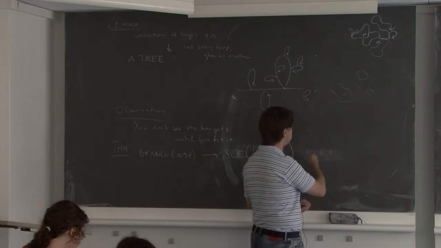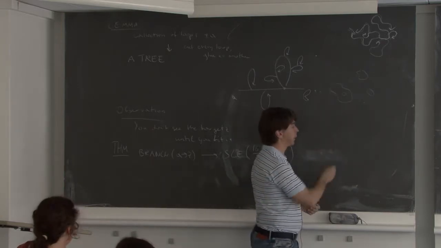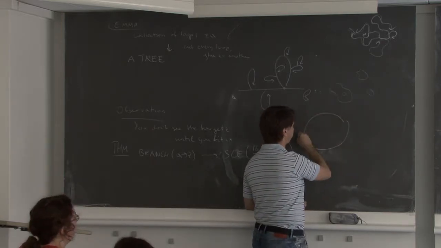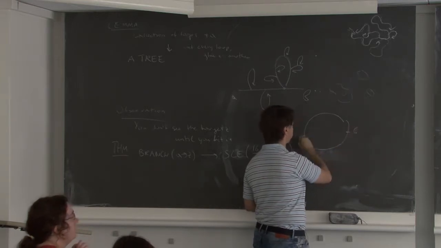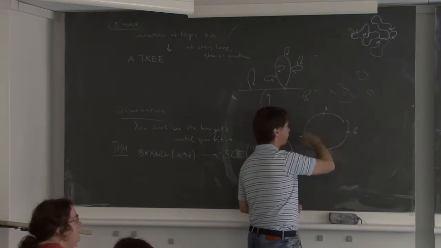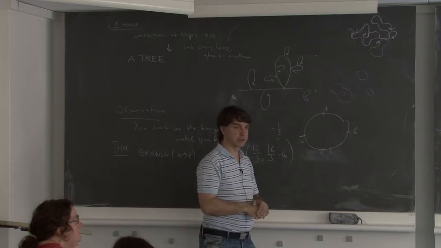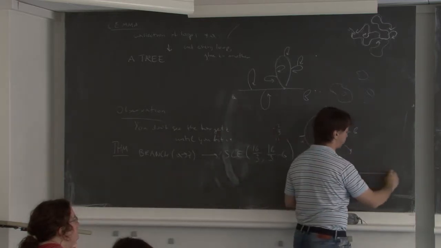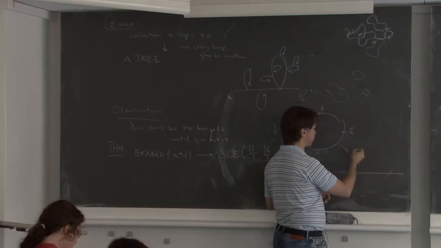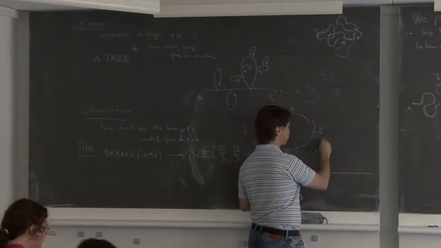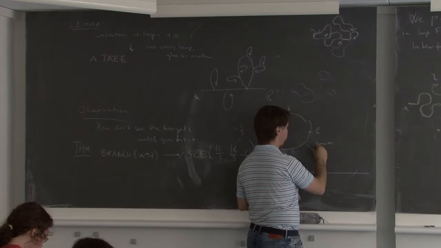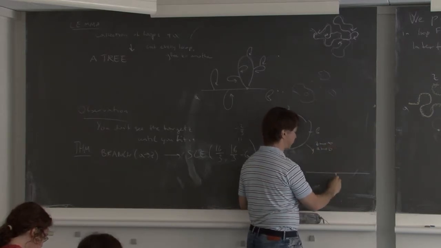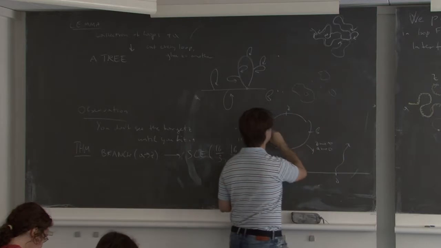What is different? Why do you get an SLE kappa rho? Well, look, in our picture, now there are 3 points, A, B, and Z. So before there were only 2. So when we uniformize to a plane, Z goes to infinity, A goes to 0, so we have this SLE from 0 to infinity.